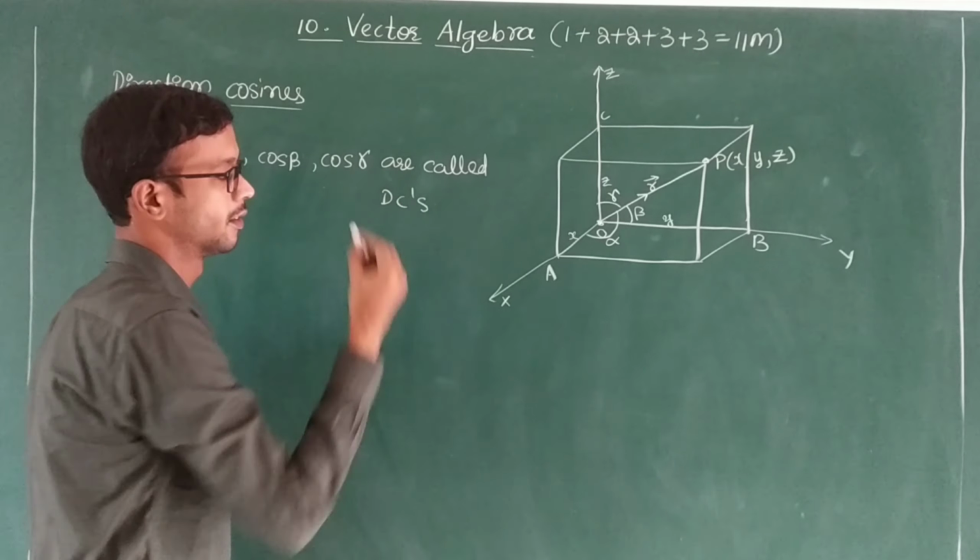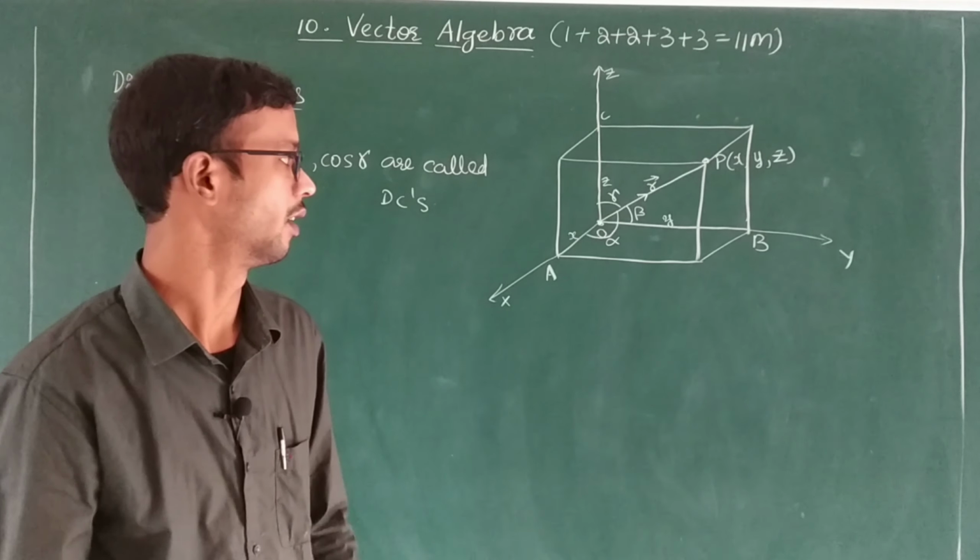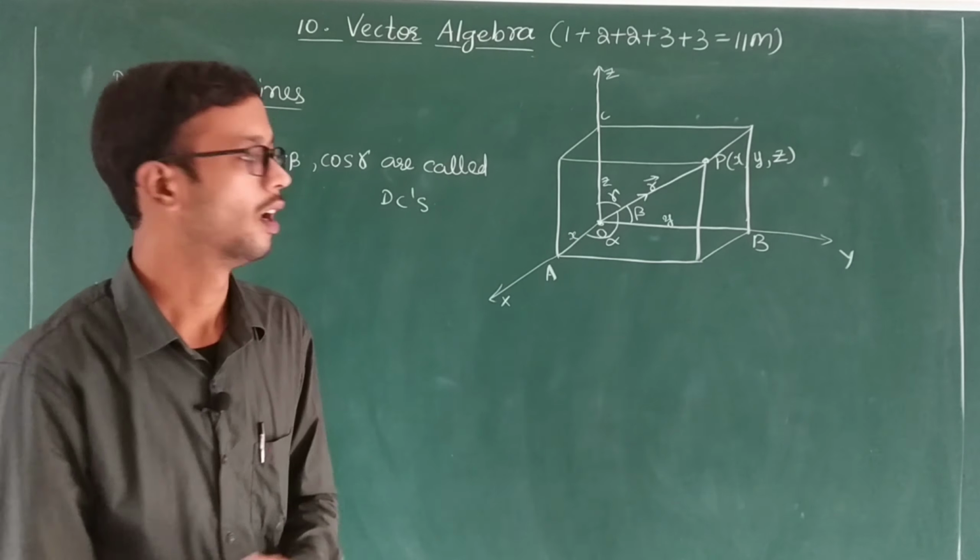are called direction cosines. So how do we find cos alpha?